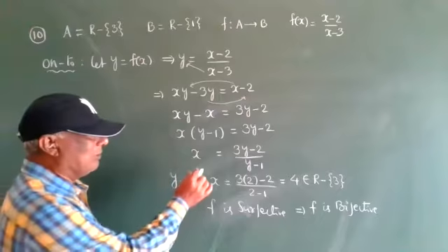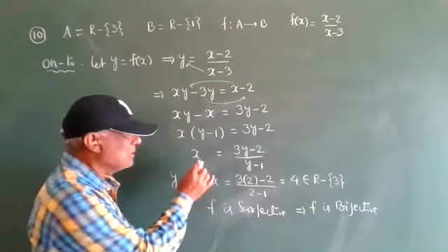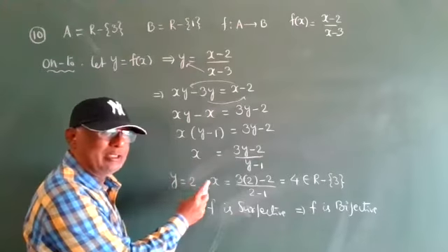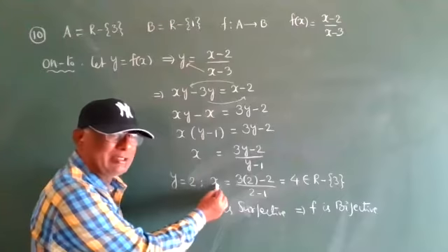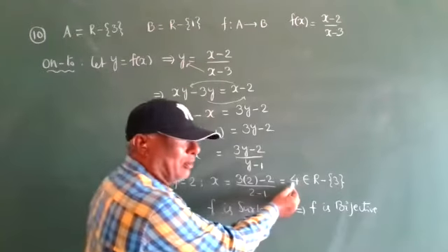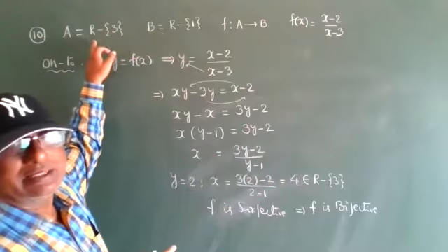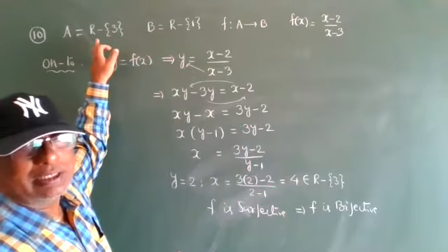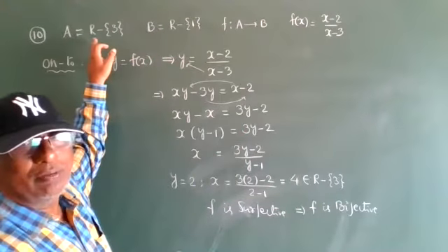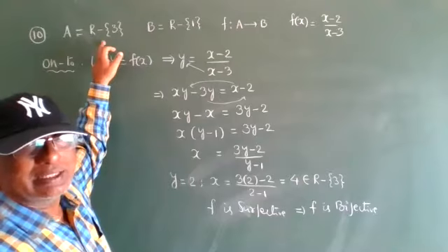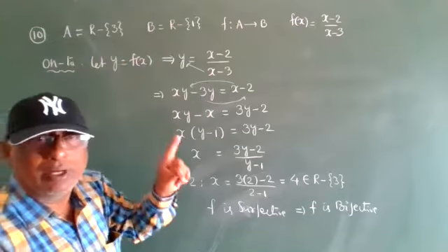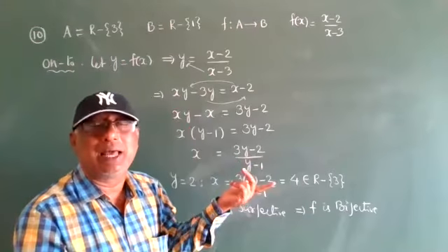Very good. So once again, see. For any y value we substitute, we get an x value. Now x is equal to 4. 4 belongs to the A set, not the other set. 4 is also a real number other than 3.